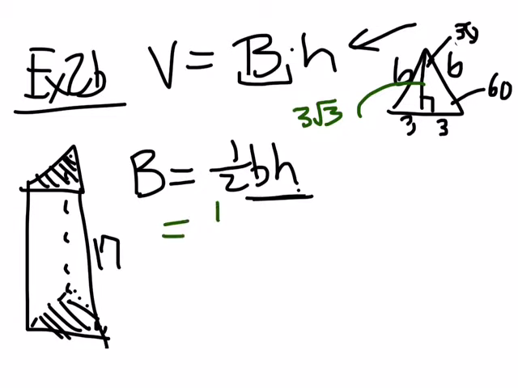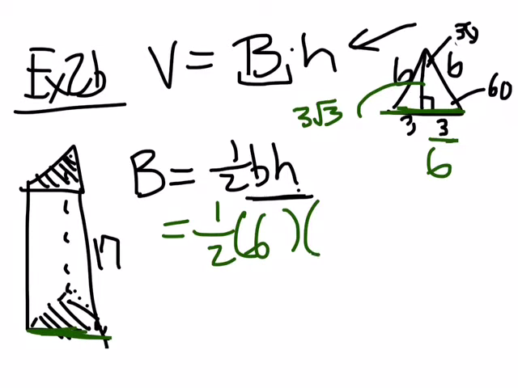So let's fill it in. 1/2 the base, not 3. It's this whole distance, that whole length of 6, times the height of the triangle, 3 radical 3. So I'll do 1/2 times 6 times 3, and that's 9, and then I have radical 3.